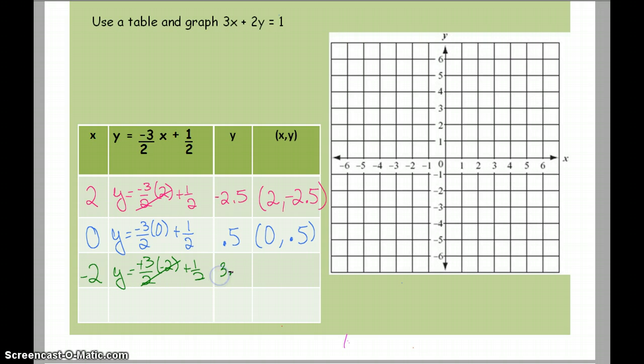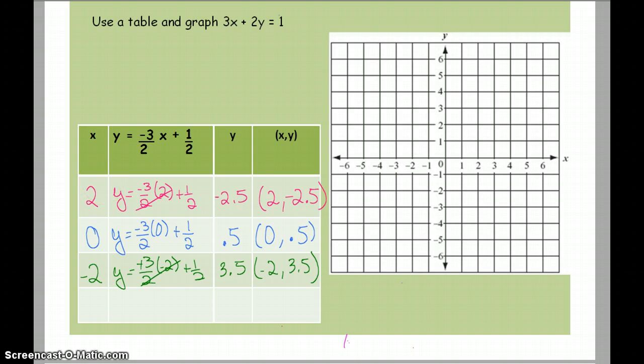So that's going to give me 3.5, and I have the point negative 2, 3.5. Now what I would recommend is that when you're choosing your values for x, you put them in a numerical order, either from highest to lowest or lowest to highest. Put them in some kind of order.